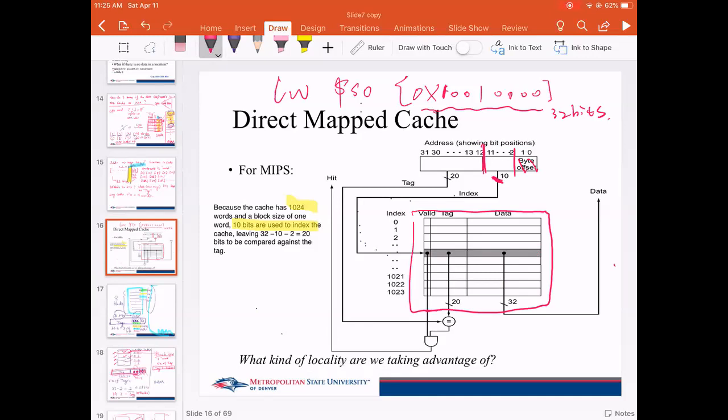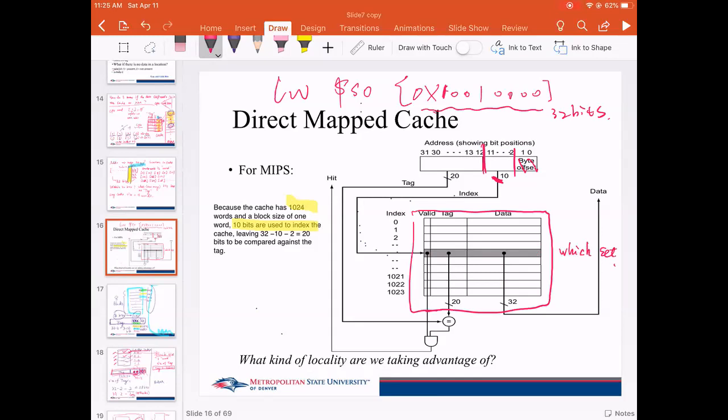Remember that you have to use 10 bits to indicate which row it maps to, which row or which set it maps to, right?